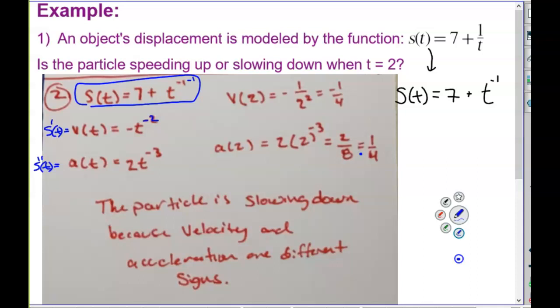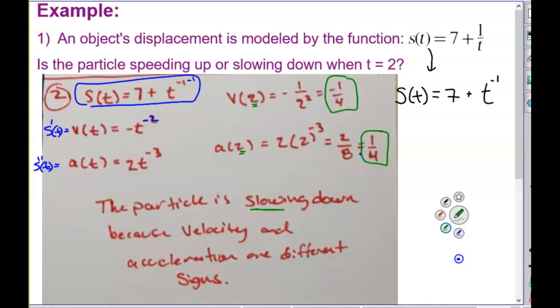And then I have to test those at x equals 2. And you can see the velocity is a negative 1/4. The acceleration at 2 is a positive 1/4. So because velocity and acceleration are different signs, I can write my conclusion. And pay attention to how that's written.